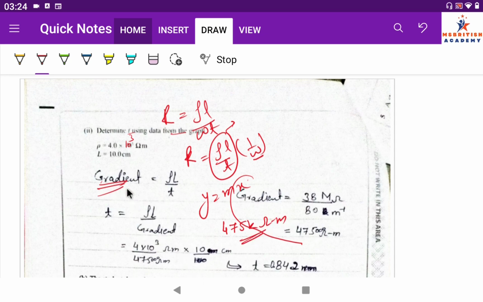So for finding t, you can use rho L divided by gradient. The rho value is 4 times 10 to the 3. The length is in centimeters, you can use 10 raised to minus 2, so it will be 0.1 meter.